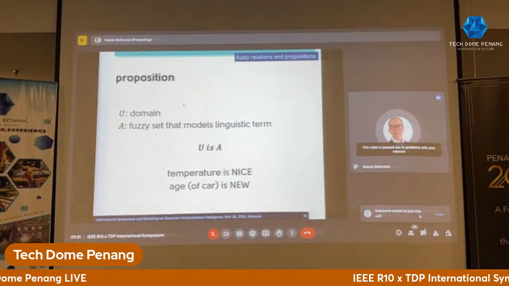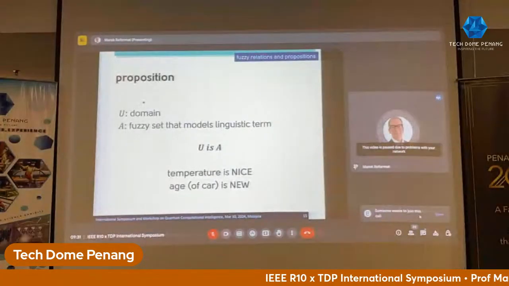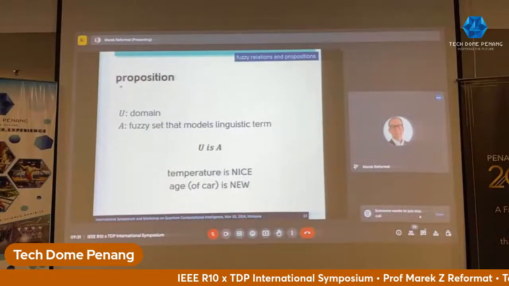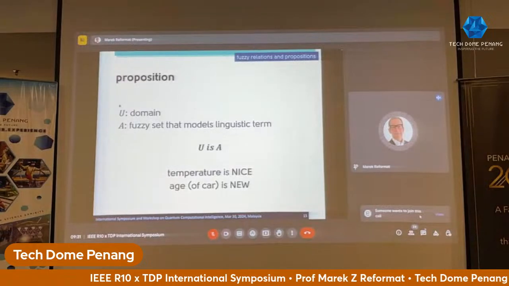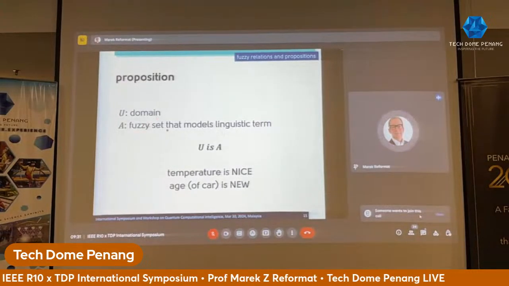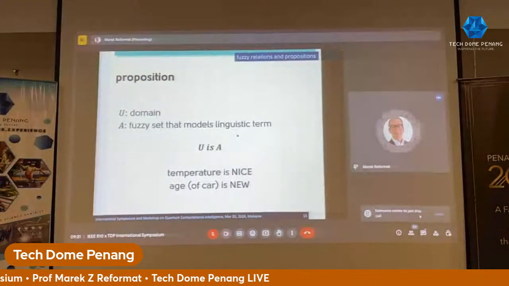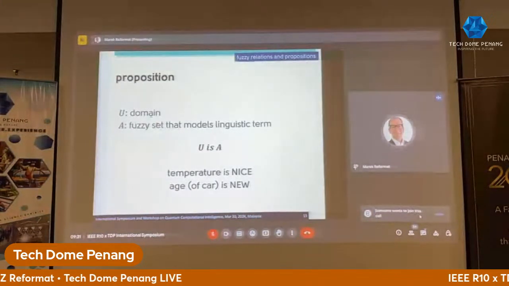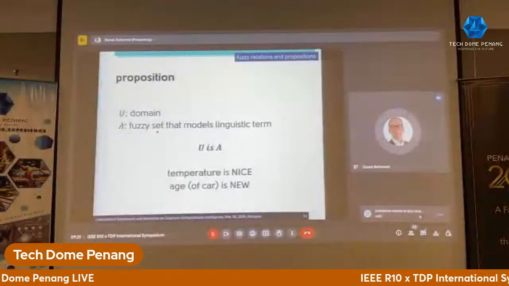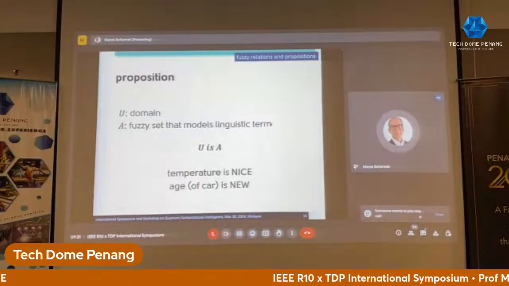So in this particular case, we talk a little bit about the framework of fuzzy logic. We talk about the proposition. We have the domain, and we have a set, something we just talked about in the introduction, for example, temperature. And then we have a context set which models what we used.